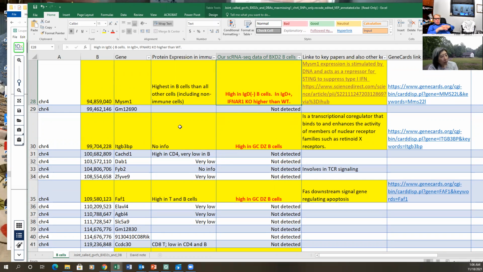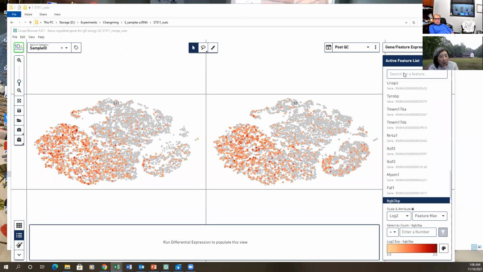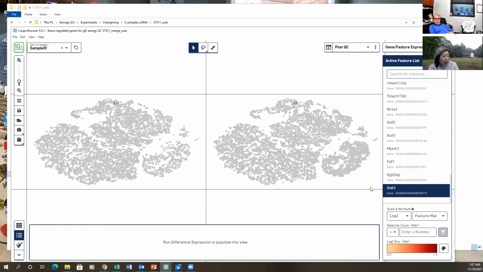Not detected means I pasted the other ones in and they didn't show up. Let's say DAP1. I pasted in all the other genes. The one I said is not detected is not detected. DAP1 is not there.